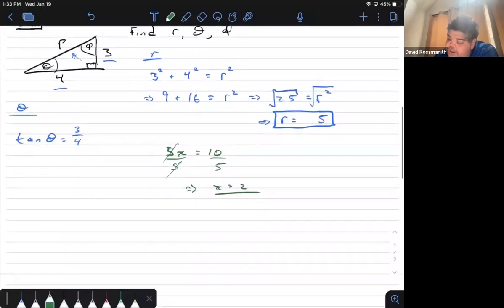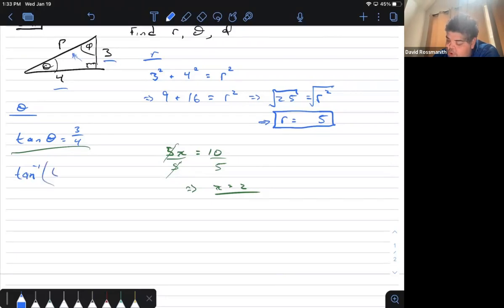Well, it turns out the same thing happens here. I have tangent of theta equals something, but I don't want tangent of theta. So to get rid of the tangent, I do the opposite of taking a tangent. Well, what the heck is that? It turns out it's something called the inverse tangent or arctangent. It looks like tangent, but it's got a little -1 as a superscript.